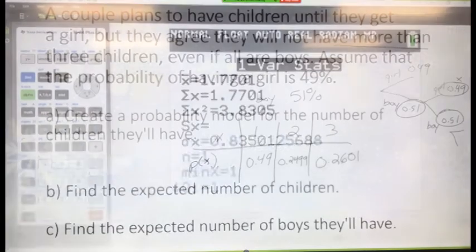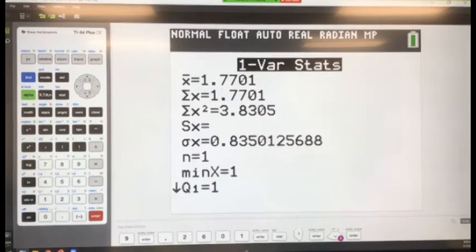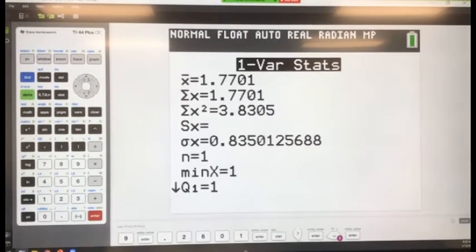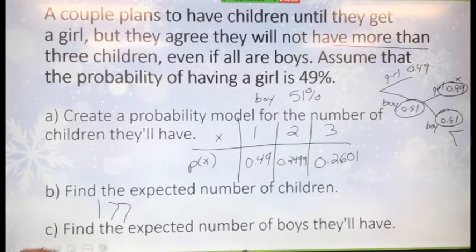So, what is their expected number of children? How many can they expect to have? 1.77, yes, 1.77. That doesn't make much sense, does it? Well, maybe they had abortion or miscarriage.